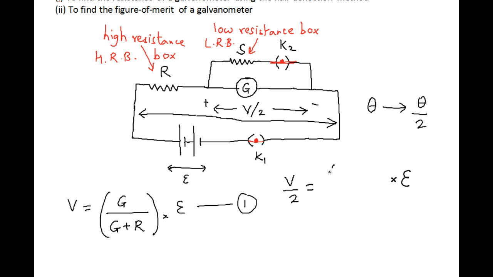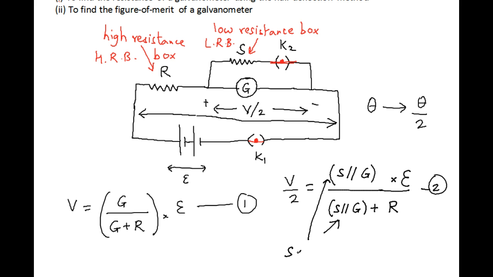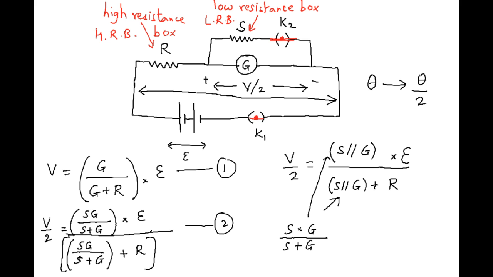But this time in the numerator is going to be the parallel combination of S and G, divided by the total resistance, that is S parallel G in series, so plus R. So that's my equation number 2, and of course I'm supposed to substitute in place of S parallel G in both these places S multiplied by G divided by S plus G. And after doing that substitution, equation number 2 becomes this equation.